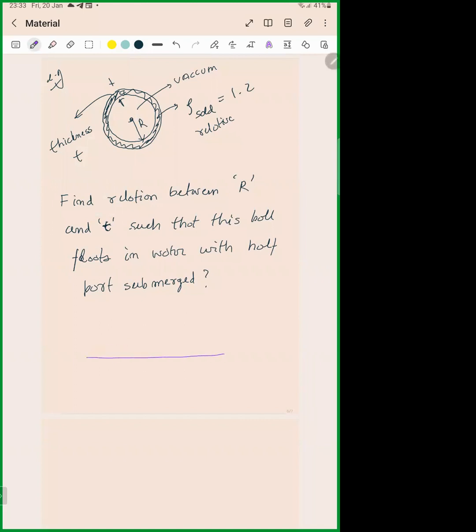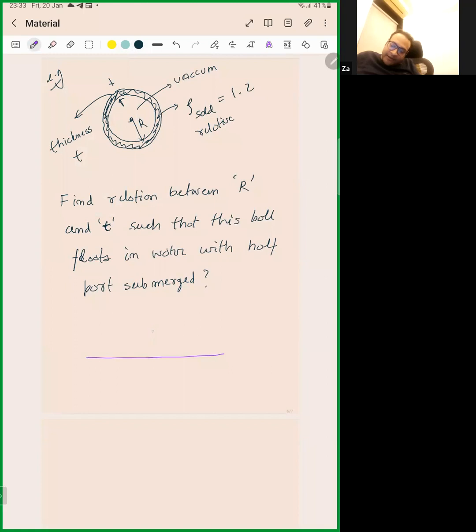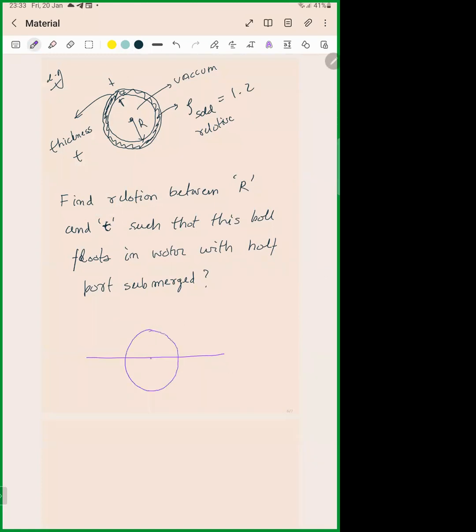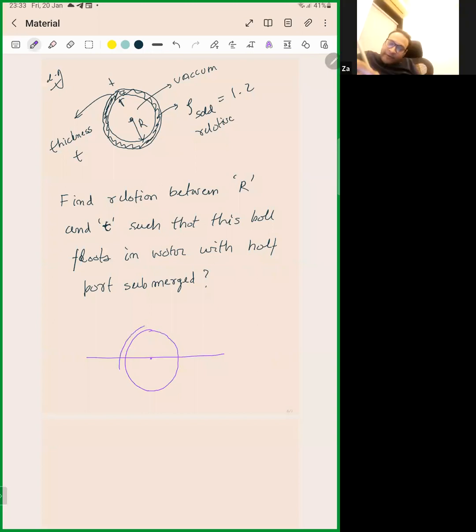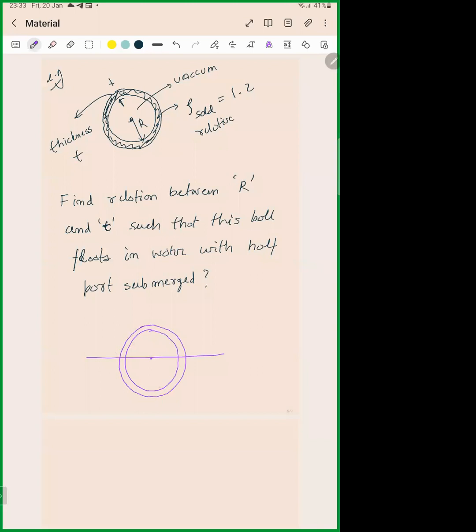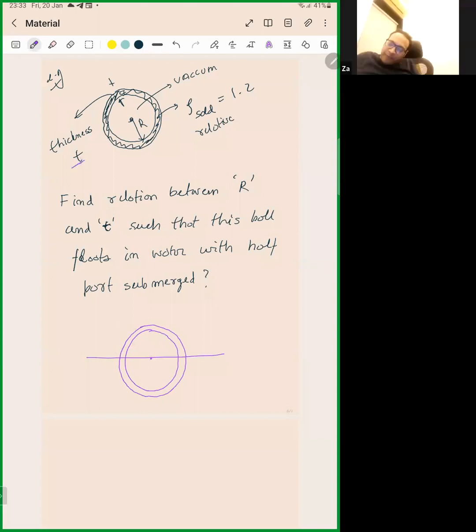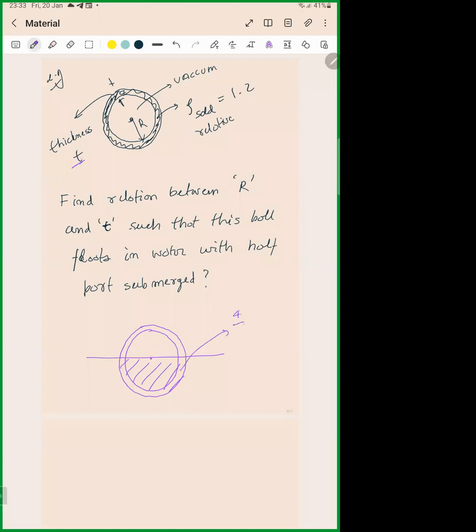So Khushi, what I am expecting is that we will make this kind of diagram. And you know I have given you thickness T, which is very small. So this part is displacing some water, and this volume I know is half of 4 by 3 pi r cube, because 4 by 3 pi r cube is the total volume.